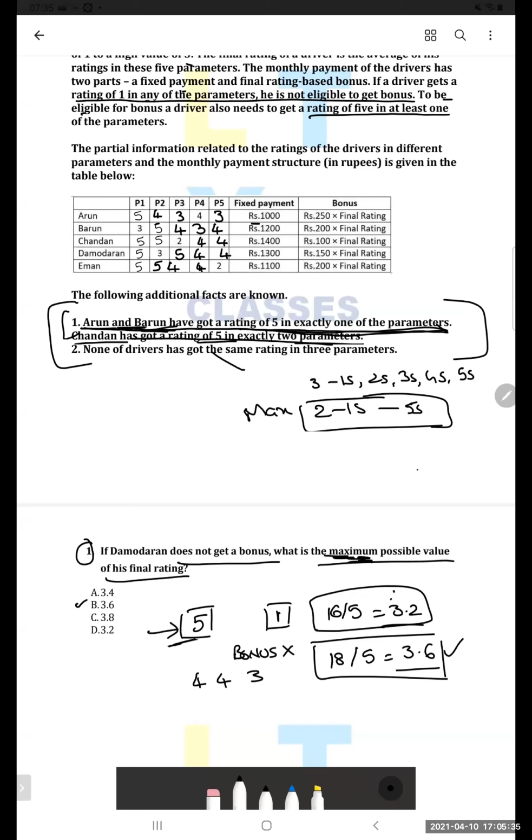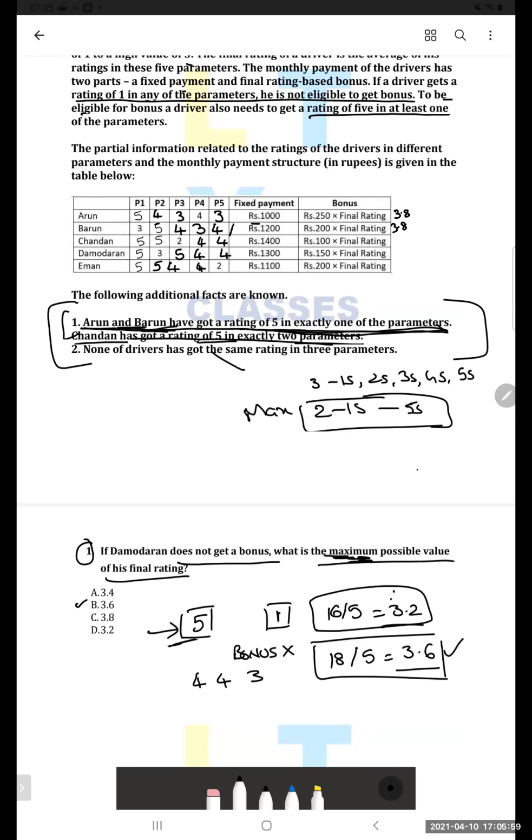Okay. Now, can somebody please help me with the average ratings for all of them, the final ratings? Sir, Arun rates 3.8, sir. Okay, that's good. That's 19 by 5. Varun also rates 3.8. Okay.